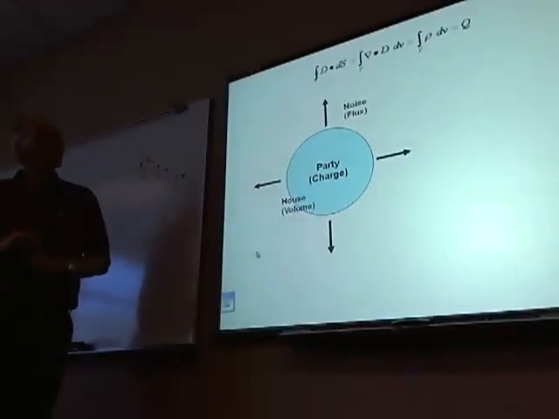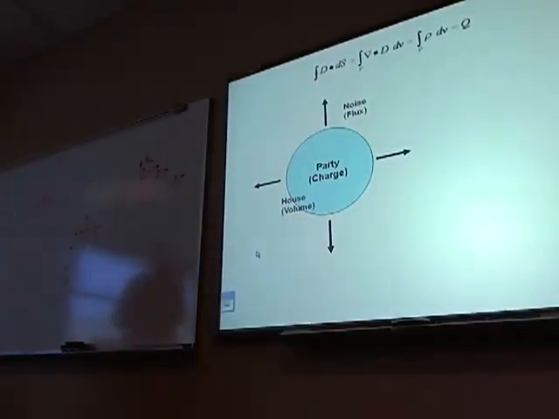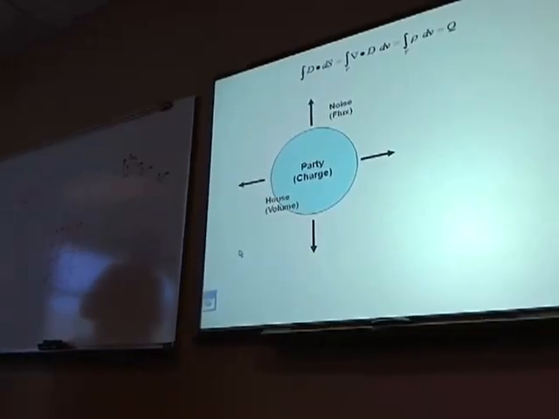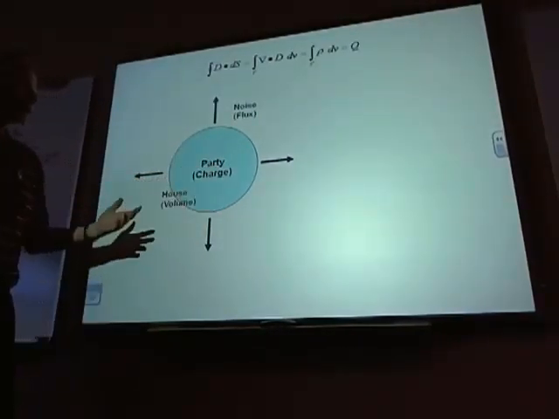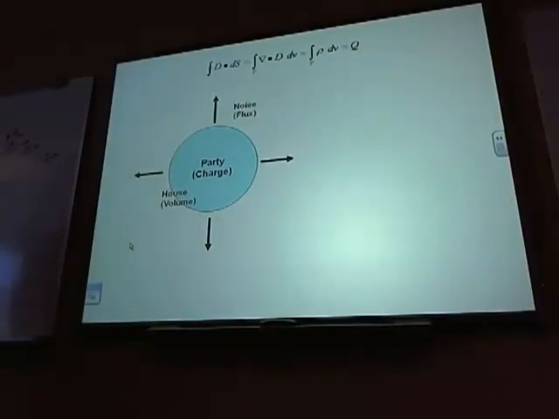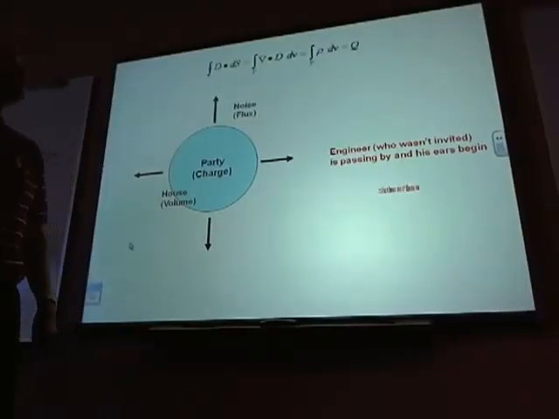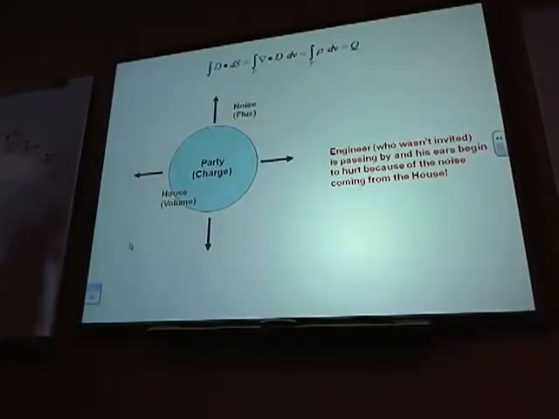All right, here's the old party example. There's a party going on inside of a house, and the party is the charge. Now, I know that y'all don't experience this, but the noise flowing through the outside is the problem. We as engineers don't get involved in parties because we're too busy studying. But sometimes we pass parties, and our ears begin to hurt because the noise from the house is so loud.